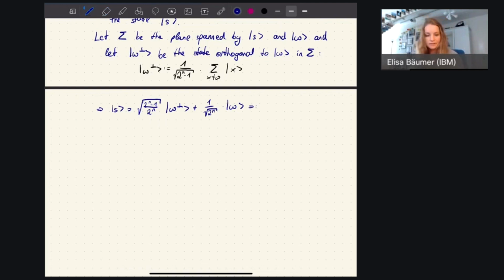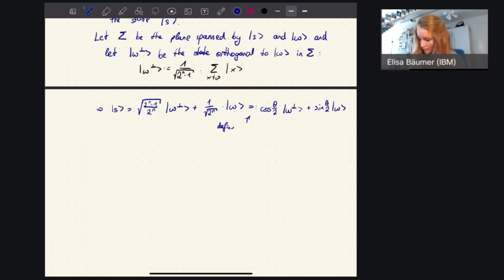And we define the first term as cosine of theta over 2, times W orthogonal, plus sine of theta over 2 times W. We can do that because this part squared plus this part squared gives 1, so we can just choose an angle theta such that this holds.